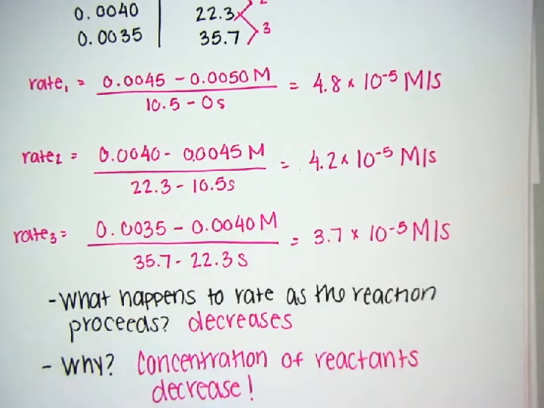All right, so as our reaction goes on, reactants are getting used up. As those reactants get used up, you have less reactants. The less reactants you have, the less products you can make. That reaction is going to slow down. So as the reaction proceeds, notice that the rate is going to decrease because we have less reactants. The less reactants we have, the less products we can make, so we're going to make less products over the same unit of time.